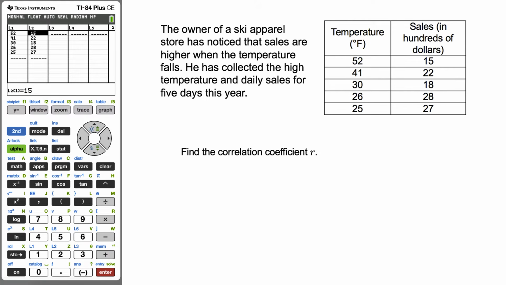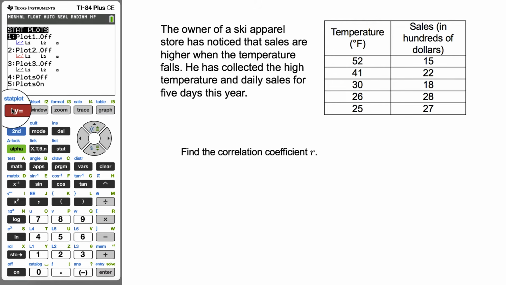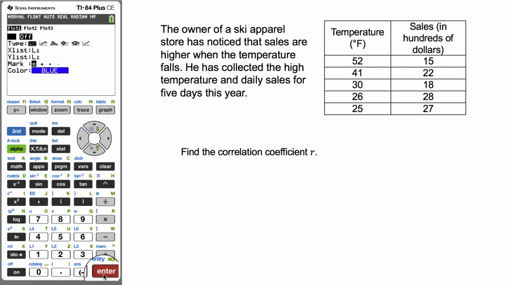Before we find our correlation, let's look at the scatter plot for our set of data. To see the scatter plot, we'll press second, and then y equals for stat plot, and then we'll press enter to select plot 1. Our x list is in L1, and our y list is in L2, so all we need to do is turn it on.